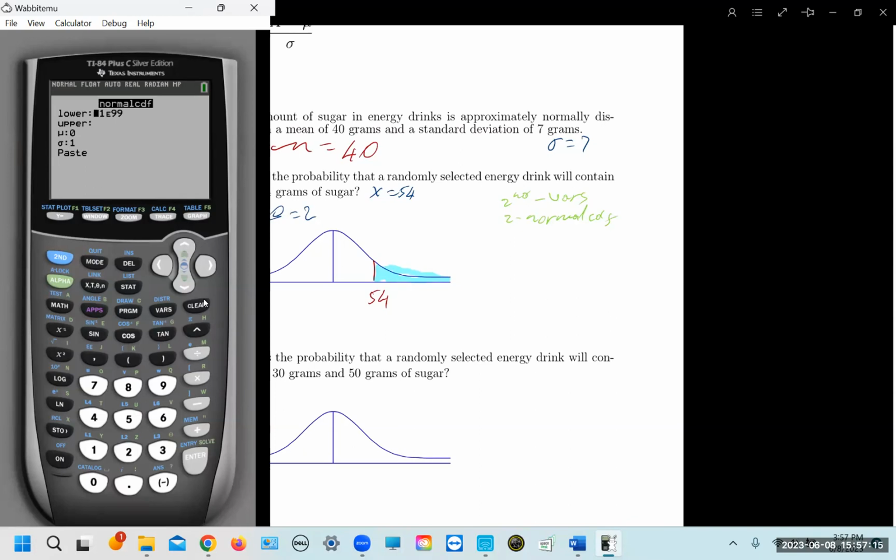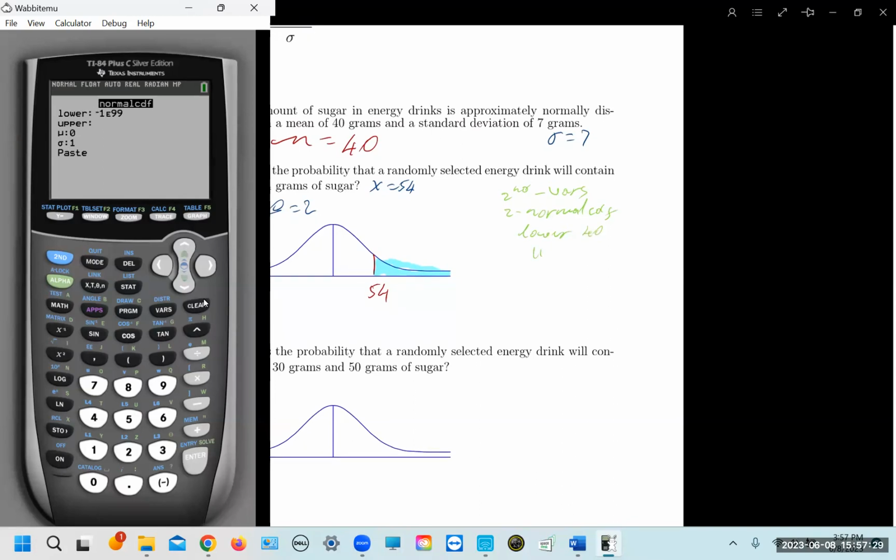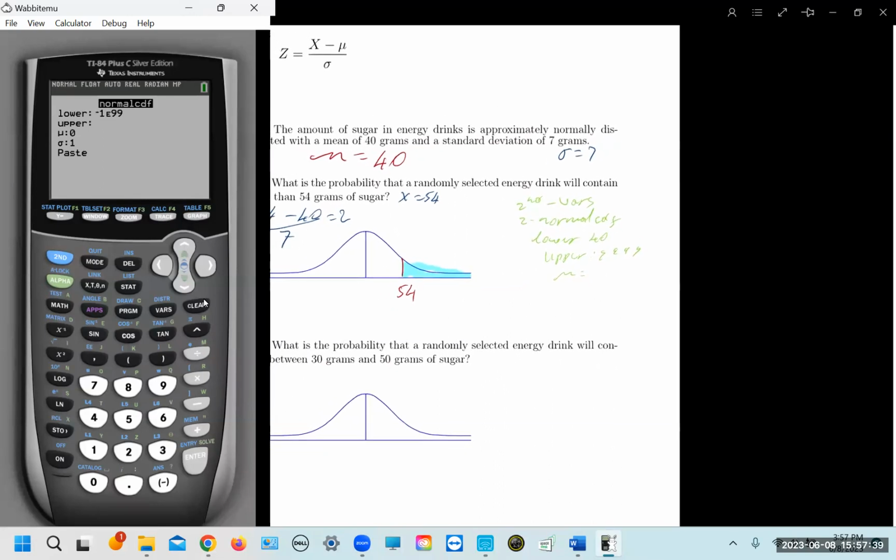So right here, the lower we can say as 40, and the upper 9999. The mu, no, the lower is 54. Sorry for that.